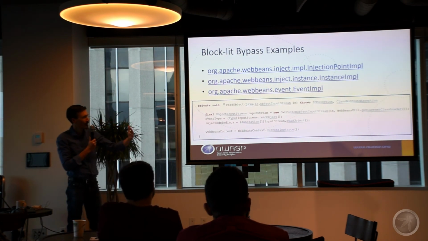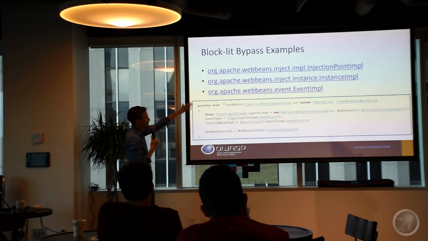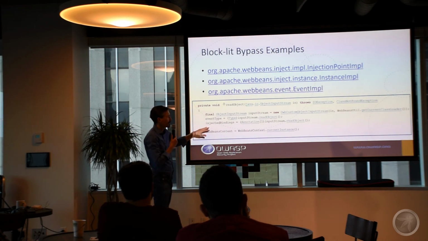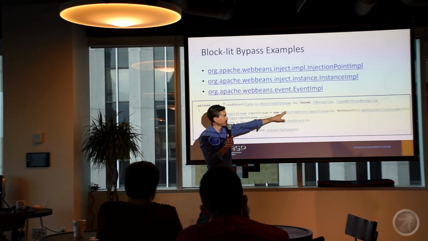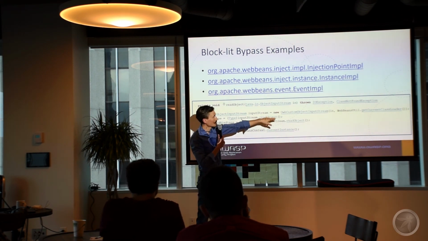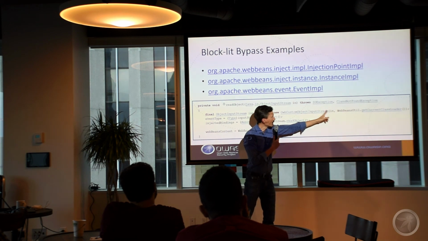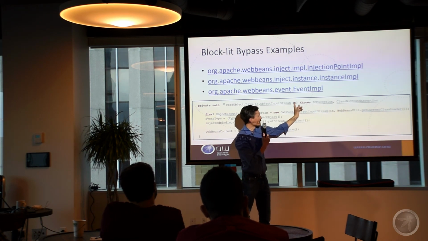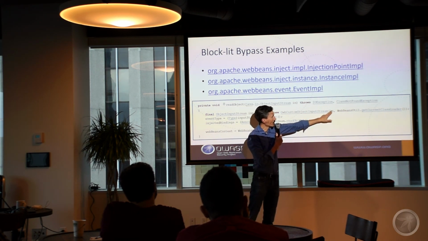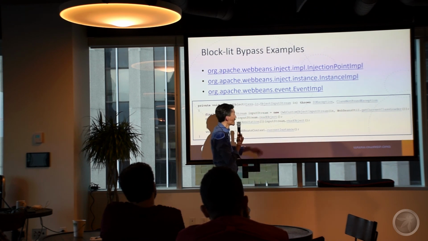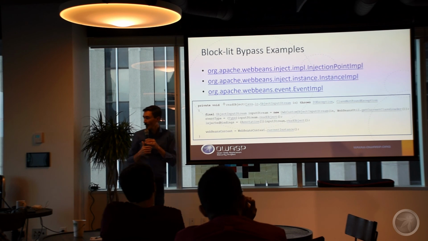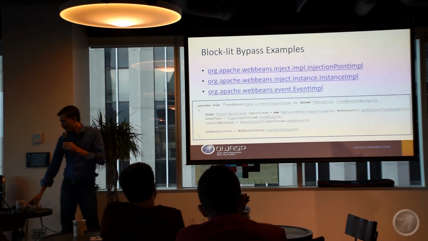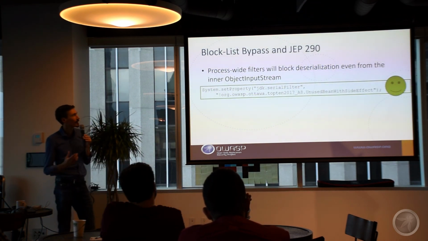So that's an example of bypasses, and these are a few examples here, and that's exactly that, right? That theoretical example exists in one of these, and you see, basically you instantiate a subclass of object input stream, and here it's like a decorator design pattern, if you wish. So this is still controlled by the attacker, and you can set explicitly a filter here, unless you use the process-wide filtering, right?